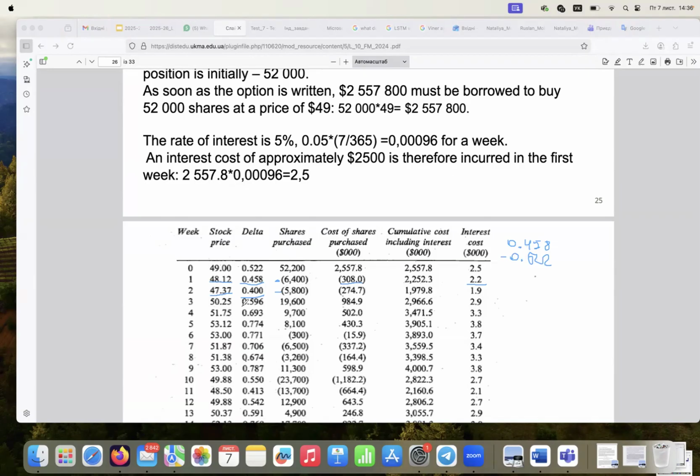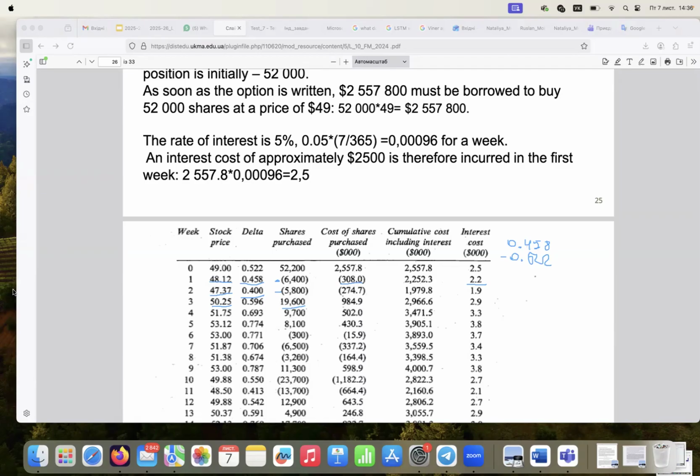After that, for example, on the next week, the price goes up. So the difference between 0.596 and 0.400 is with plus. So we need to buy stocks. So to buy, to sell, to buy, to sell.